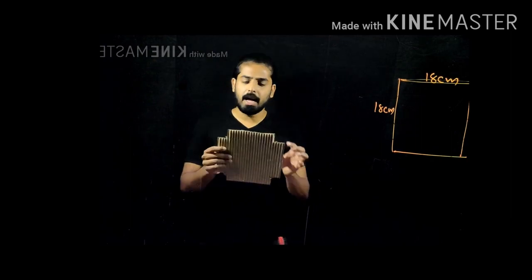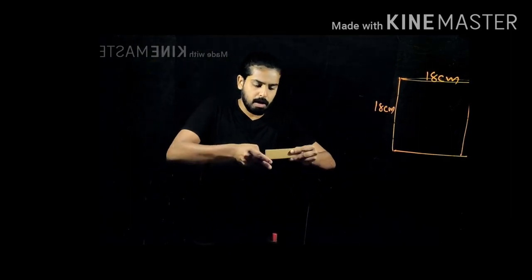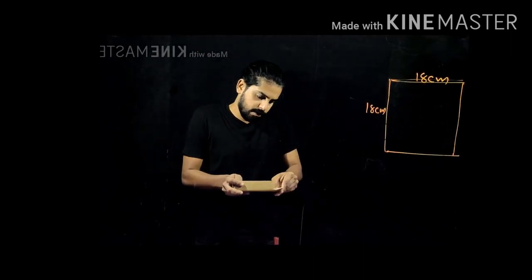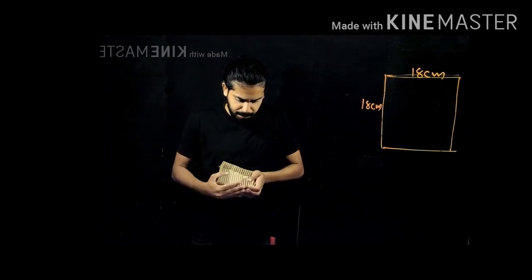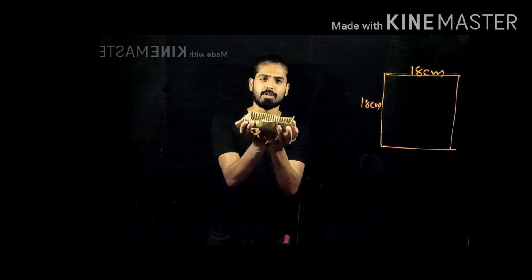Now I have cut off squares from each corner. Now what I have to do is fold up the flaps. So I have just folded up the flaps, and the box is ready. So this is our cardboard box.